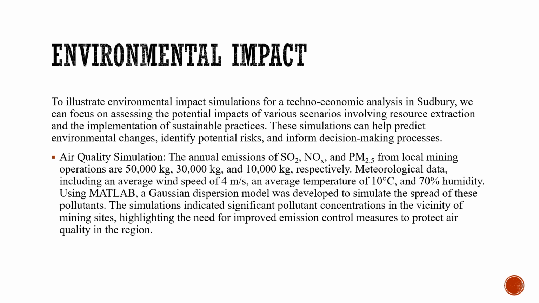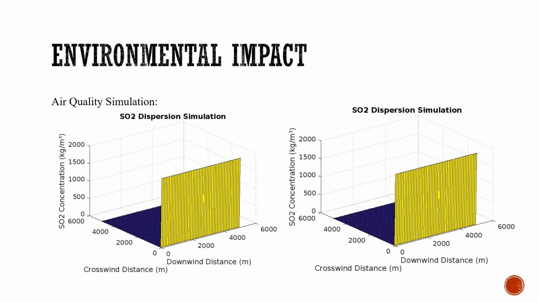And also meteorological data, including an average wind speed of 4 meters per second, an average temperature of 10 degrees Celsius, and 70% humidity. So, using MATLAB, a Gaussian dispersion model was developed to simulate the spread of these pollutants. After the simulation, these are the results I got for the graph.